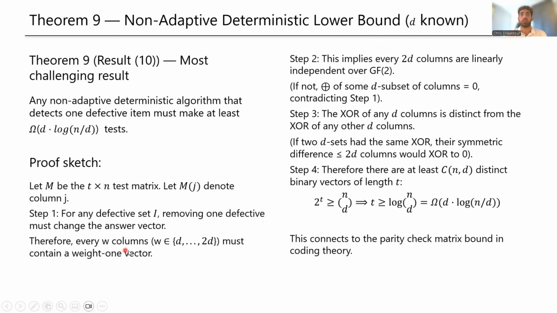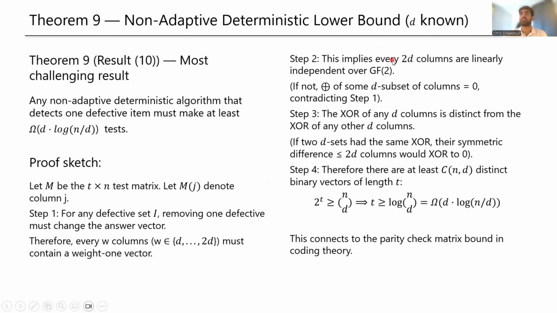Therefore, if we take any W columns, where W is between D and 2D, there must be a weight 1 vector. So if we take this big matrix and take a number of columns between D and 2D, within these columns there must be a weight 1 vector, okay?